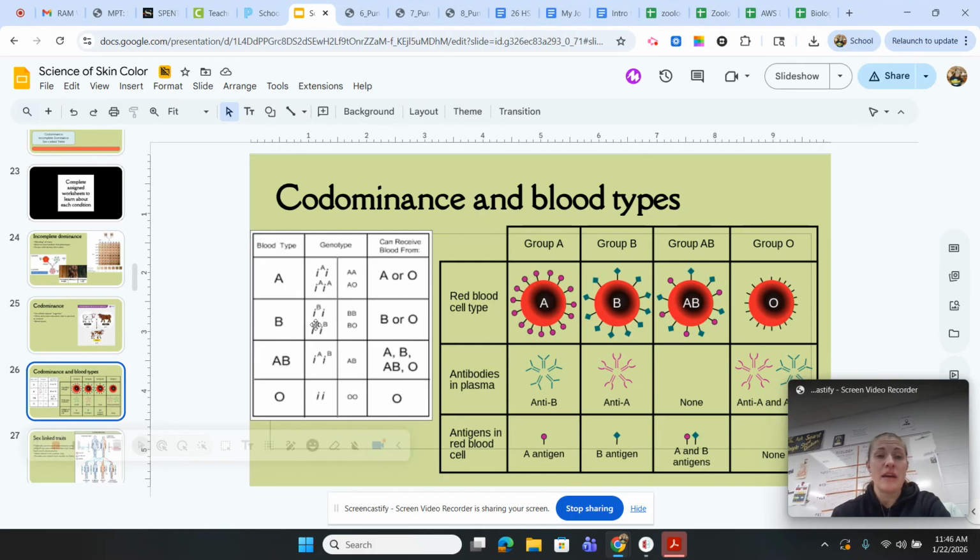Same thing for type B: I^B with a little i would be type B blood, as well as I^B I^B. For type AB, this is the codominant one, where you have I^A I^B. That would be type AB blood, where A and B appear together. If you have type O blood, you have two lowercase i's, so two i's with no superscript.